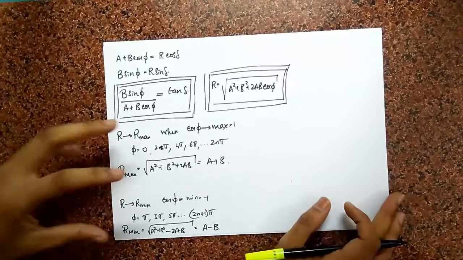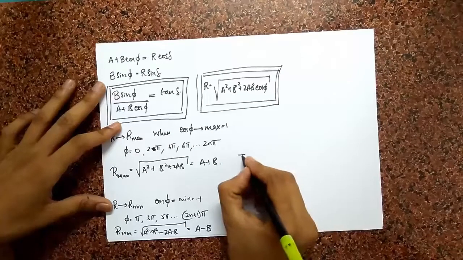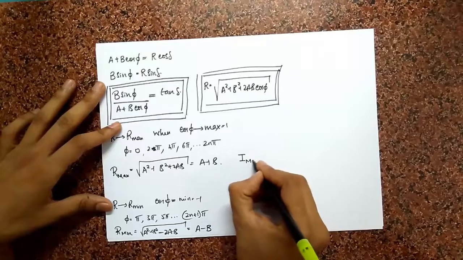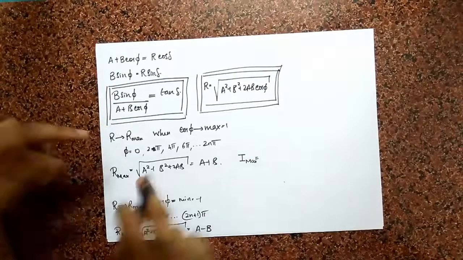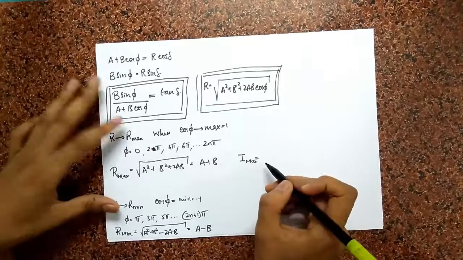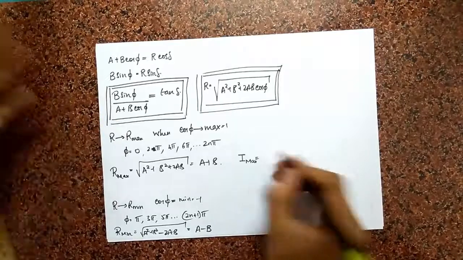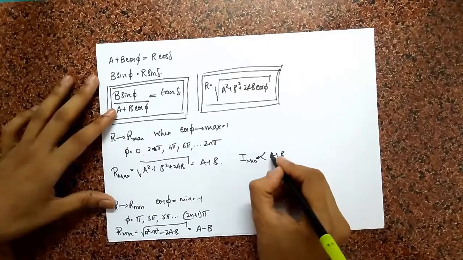Okay, so let's look at the intensity. Intensity of the maxima is always proportional to the square of the amplitude. So the intensity of the maxima is proportional to a plus b the whole squared.